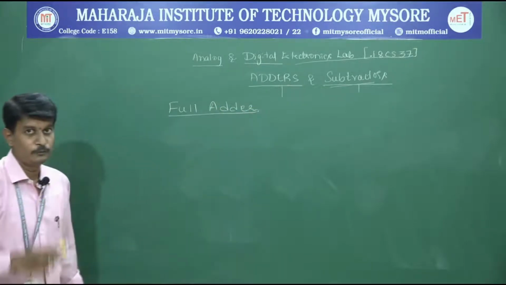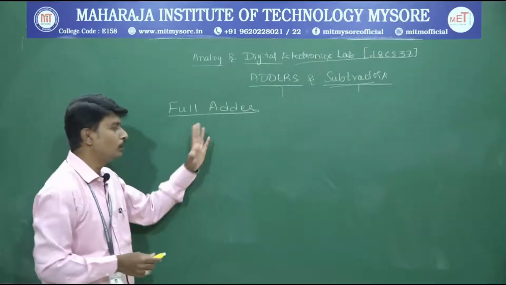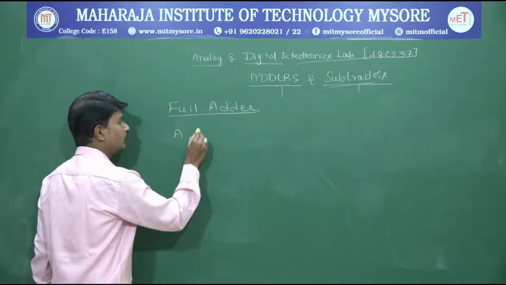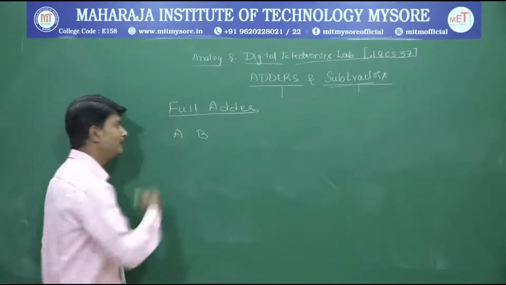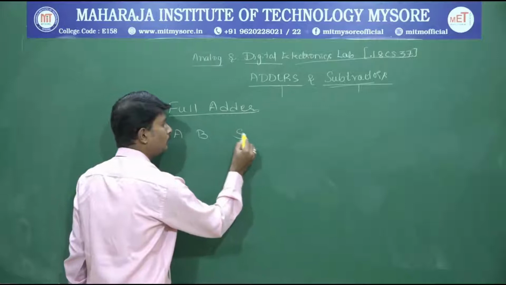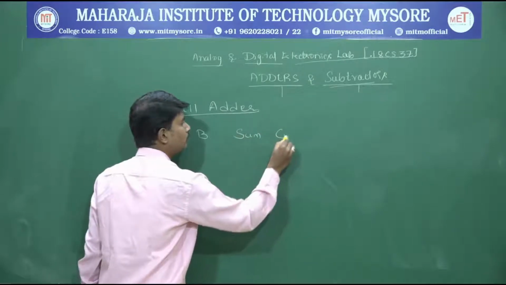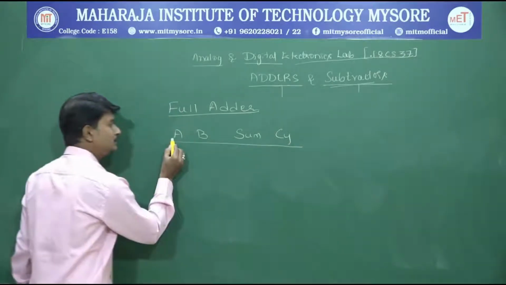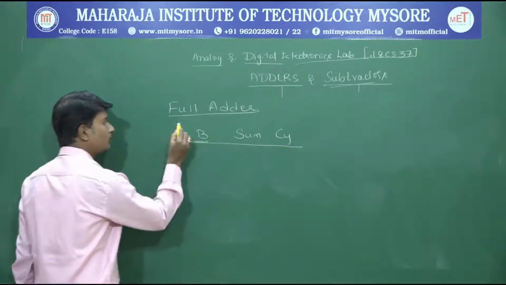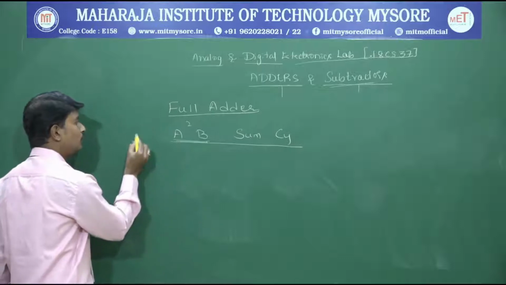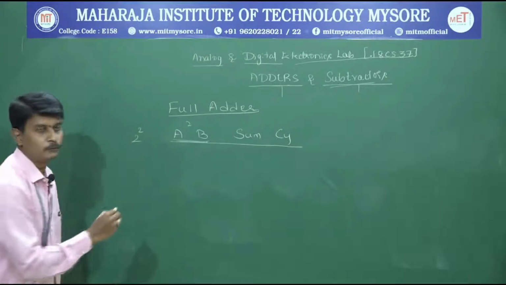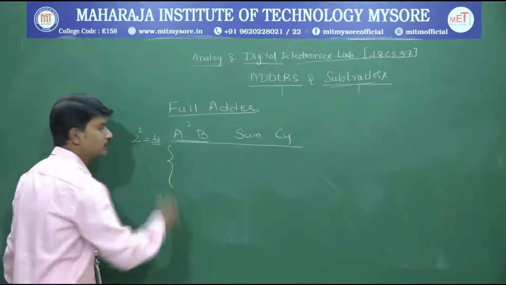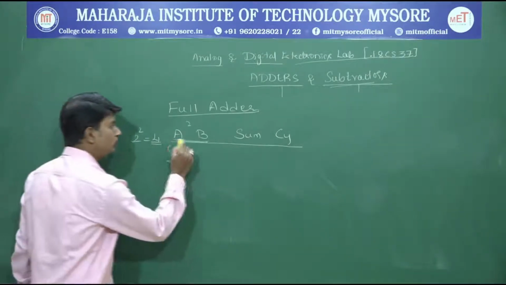As I told you before, the circuit accepts two input variables, let's say A and B, and it generates outputs, a sum and a carry CY. As these input variables are only 2, the truth table will have 2 to the power of 2, which is 4 combinations of these two input variables.